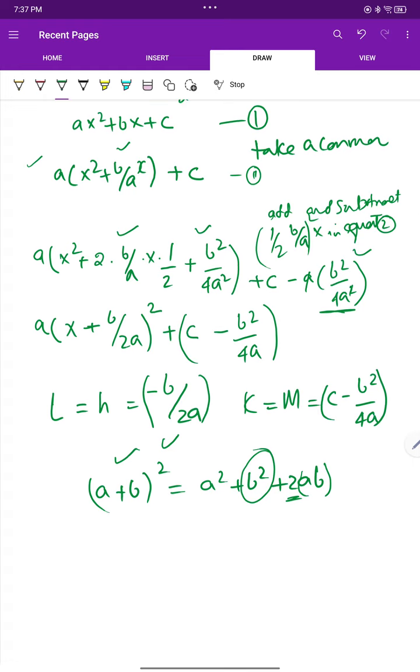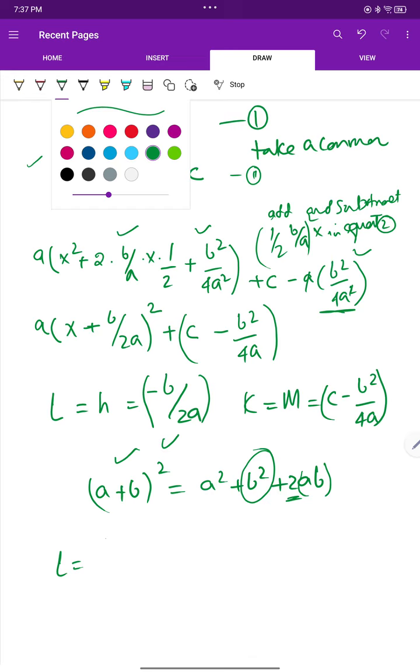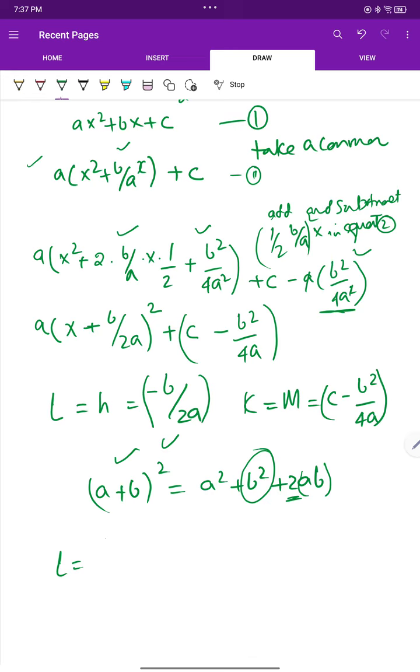In the general equation, L contains minus b by 2a, and the other term, the vertex M, is c − b²/4a.